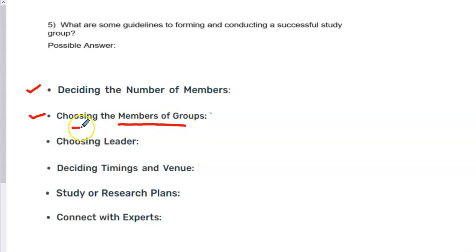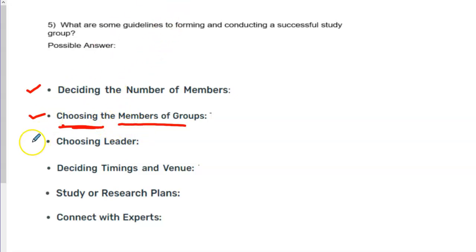Is it an informal group, or is it a formal group and the group members are assigned? Are they assigned randomly, or are they assigned based on some needs that we want to meet? And so choosing the members of the group is also very important.